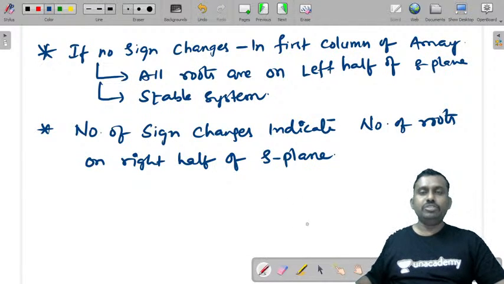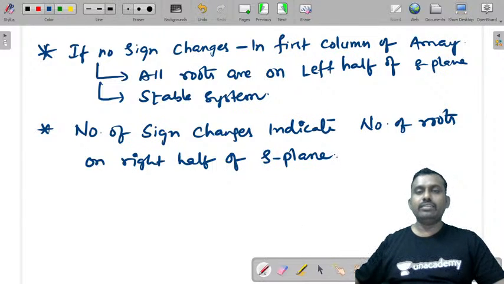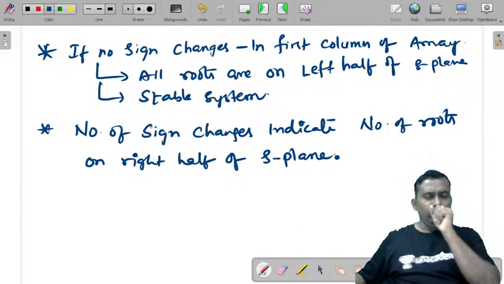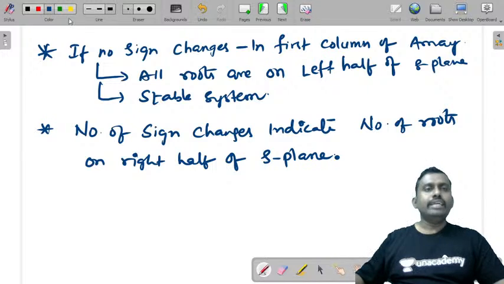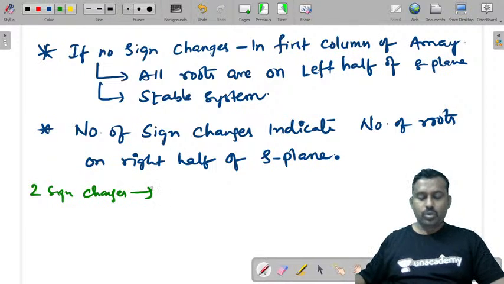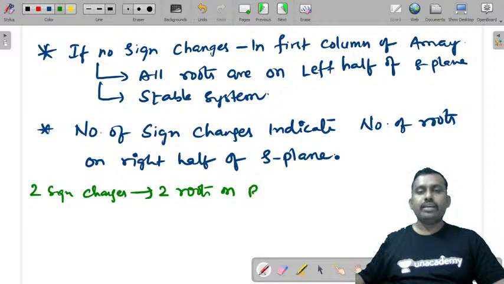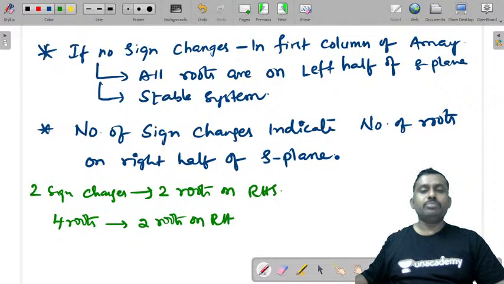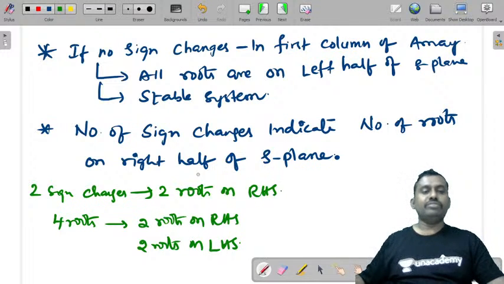If there are two sign changes, we can say that there are two roots on the right half of the S plane, and because we have four roots, taking the previous example, the remaining two roots will be on the left half of the S plane. This is how you have to tell.